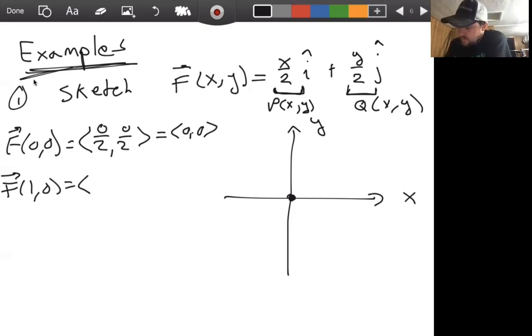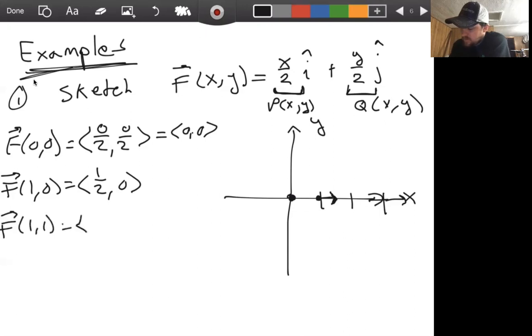f of 1, 0 is going to be 1/2, comma 0, right? And so at the point 1, 0, we have a vector with the x component 1/2, the y component 0. And so if this is like 1, 2, 3, et cetera, this is a vector of length 1/2, right? So we get something like this. And then we can pick another point. Let's say f of 1, 1.